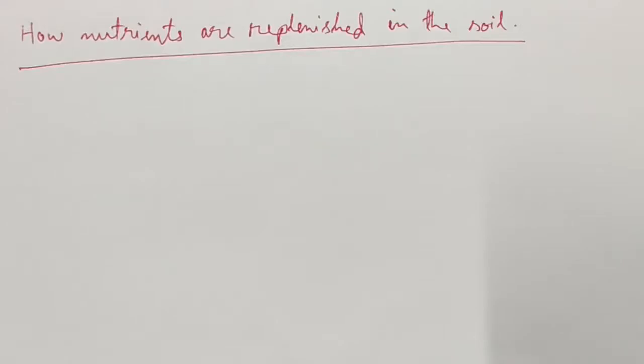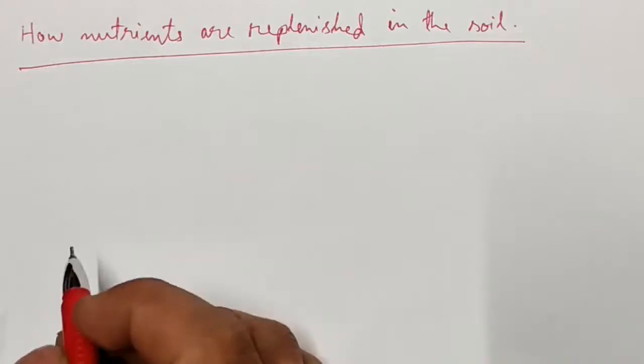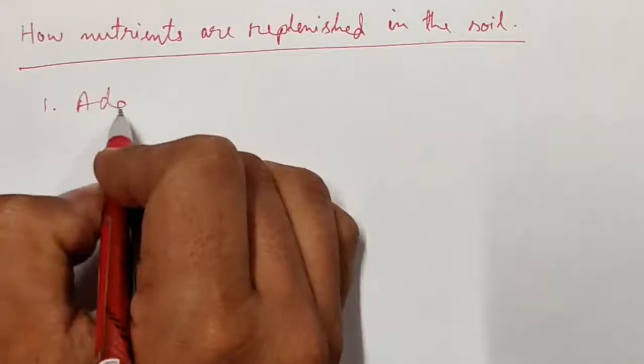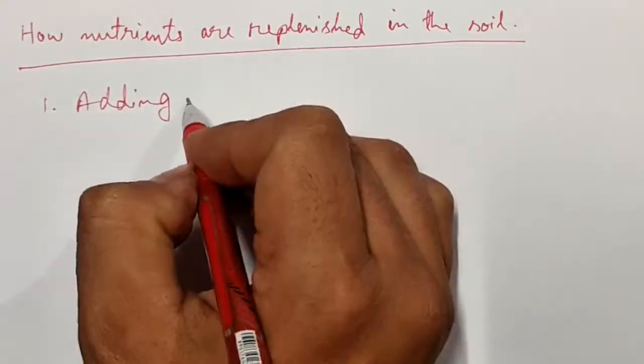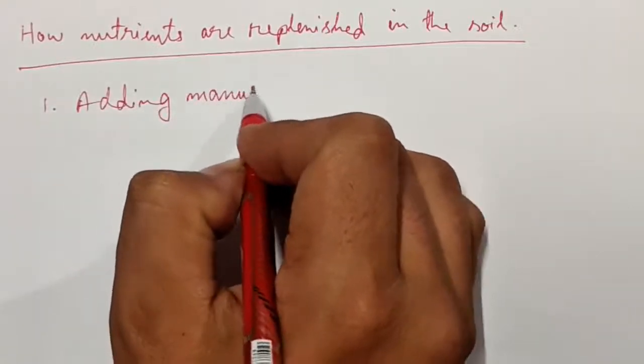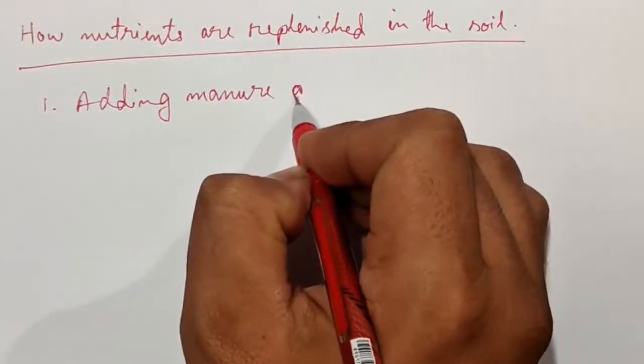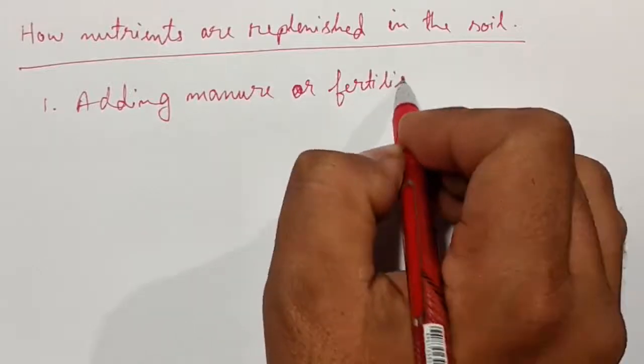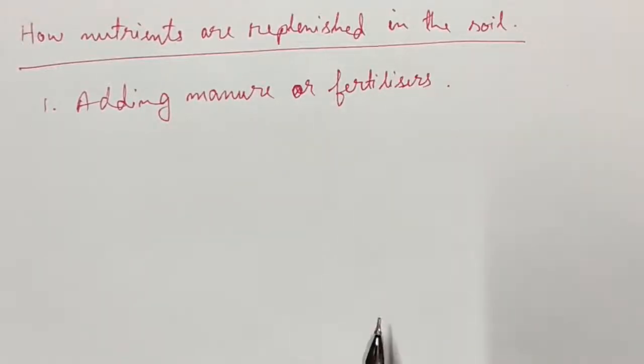In order to increase these minerals and nutrients, the farmers spread manure and fertilizer. So we can say adding manure or fertilizers can replenish the nutrients in the soil.